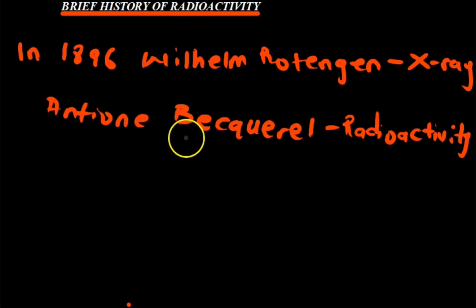So no external energy was induced in uranium, but yet it was emitting rays onto photographic plates. That was how he discovered that this is actually something new. However, the name radioactivity was given by Marie Curie. She was the one that gave the name radioactivity, and Becquerel was the one that discovered natural radioactivity.